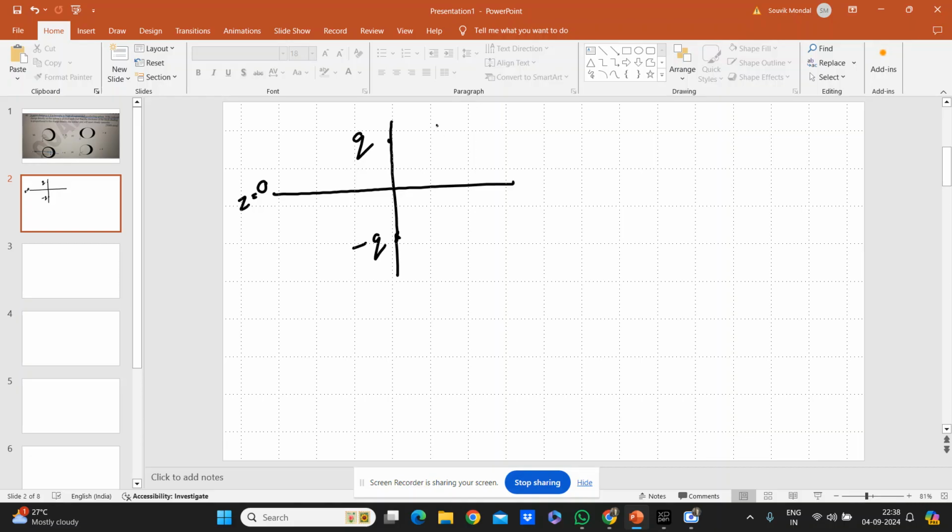Then our next job is to find the potential at some upper region R. We don't consider the potential in the lower region because inside the conductor the E field is equal to 0, so the potential is constant.